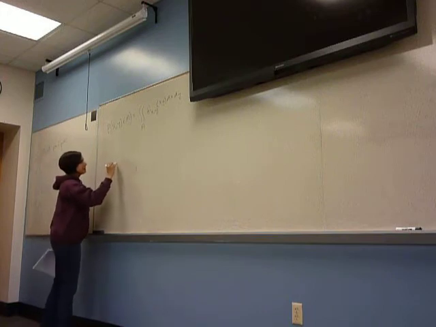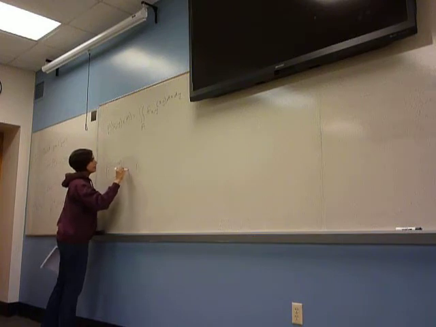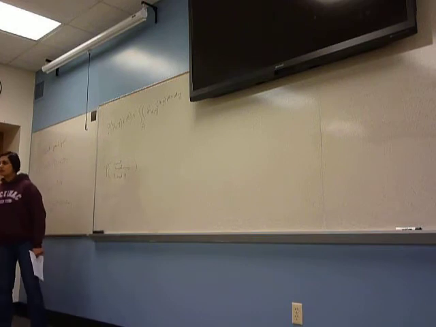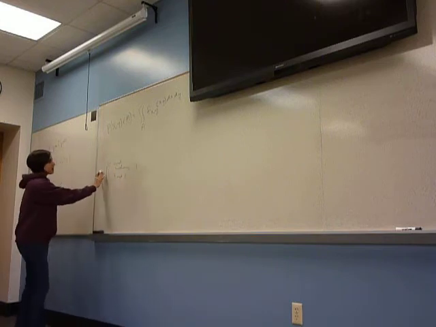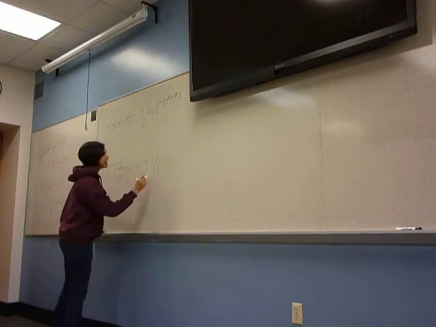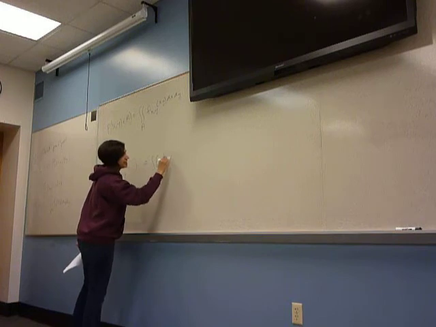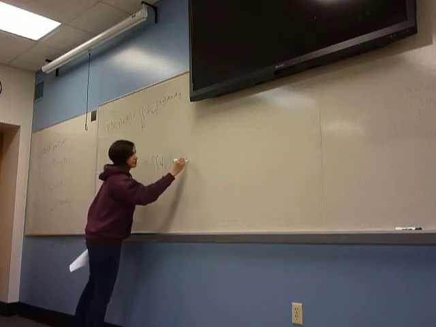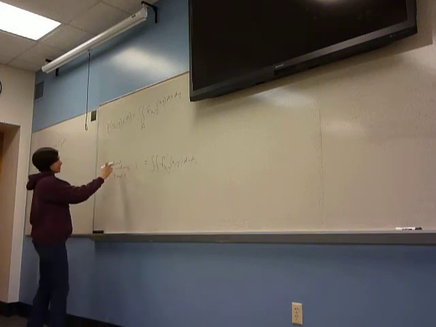So the probability that X is greater than Y, or the probability that X is greater than 1 and Y is less than 2, something like that. These are examples of probabilities of something involving both X and Y. Basically you integrate the density function over the region where this event is satisfied.